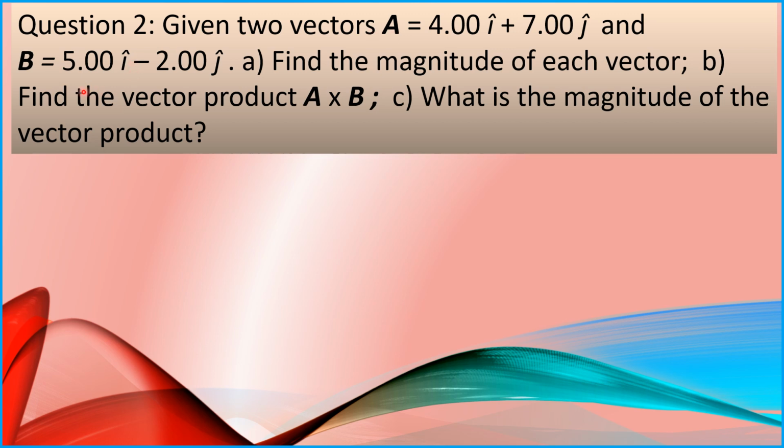For vector B, its x component has a magnitude of 5.00 units directed into the positive x-axis, while its y component with a magnitude of 2.00 units is directed towards the negative y-axis.